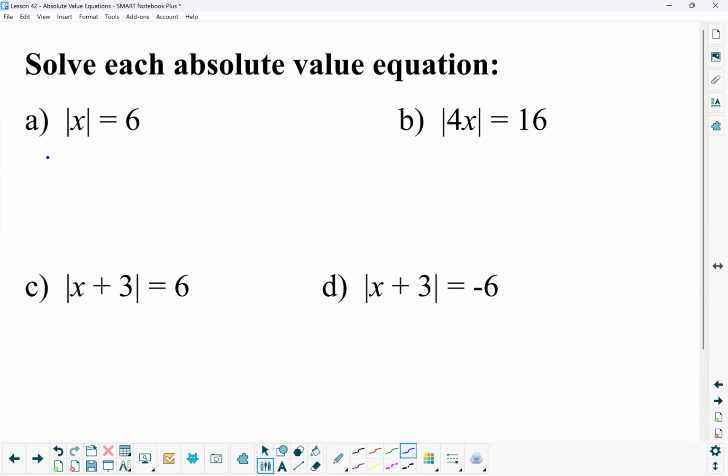So we get x equals 6 or x equals the opposite of 6.